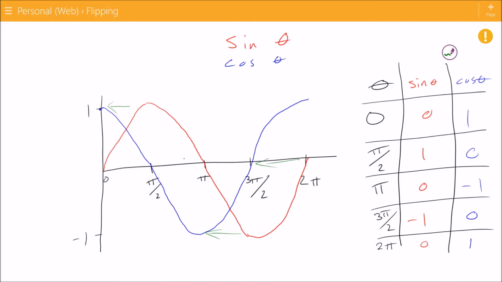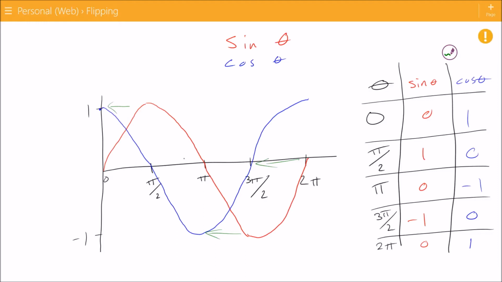It's going to layer right on top of that cosine. Essentially, they are the same function, just a horizontal slide of pi over 2 from one another.